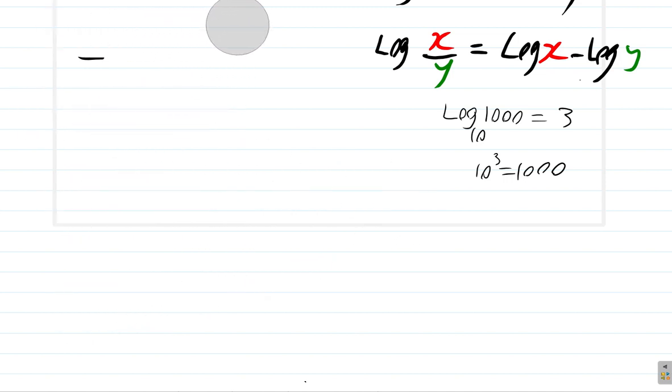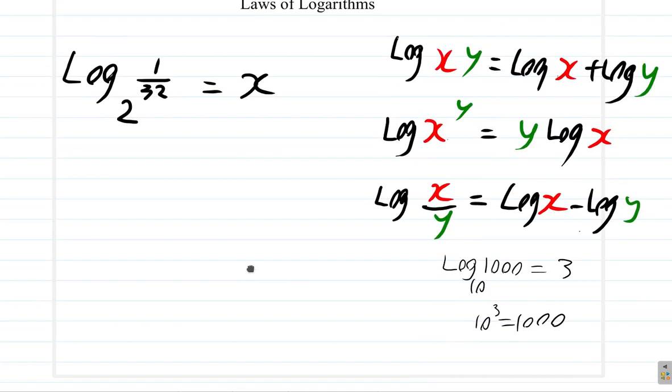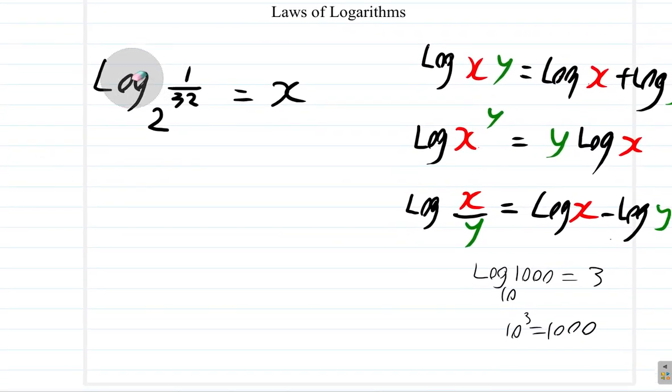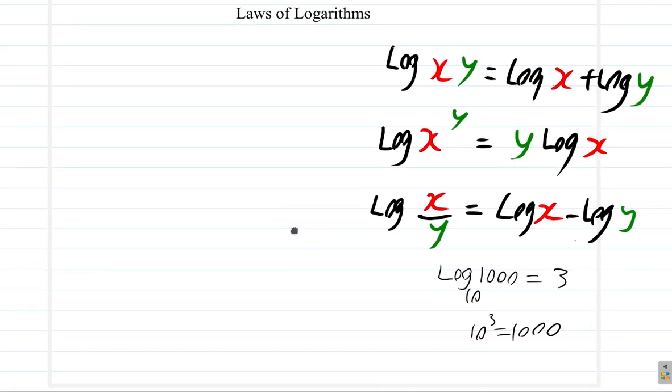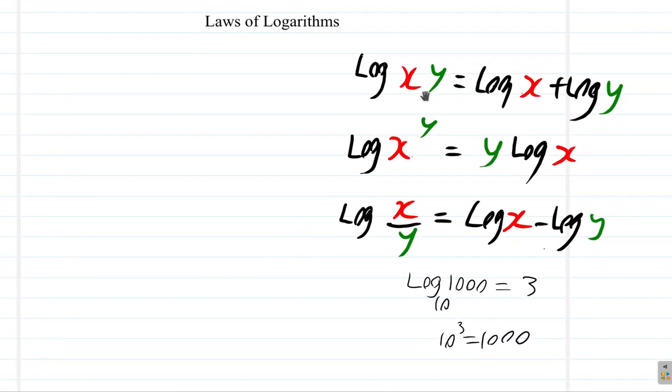These are a few cases that we had. Now, as for these laws and rules, you could take your calculator and try two numbers. Log 2 times 4 is log 8, and then find log 2 plus log 8 and see if you get the same thing.